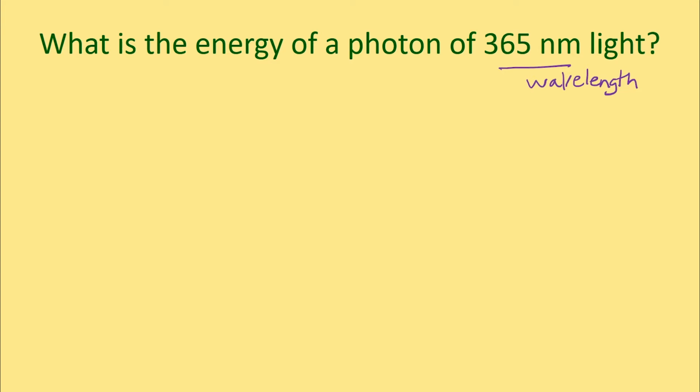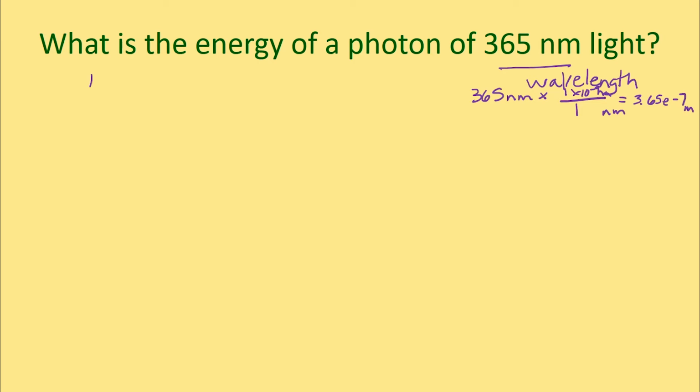So let's just go ahead and convert that. 365 nanometers times, I need nanometers on the bottom and meters on the top, and it's 1 times 10 to the -9 meters per nanometer. So that's 3.65 e to the -7 meters. Most of our visible wavelengths, which tends to be the problems that you're going to see, are all in hundreds of nanometers, and they should have exponents of 10 to the -7 meters when we convert them.